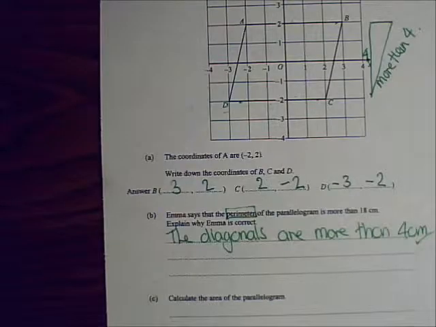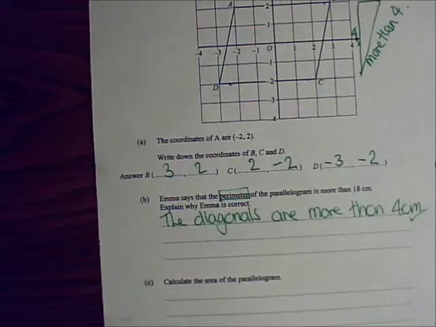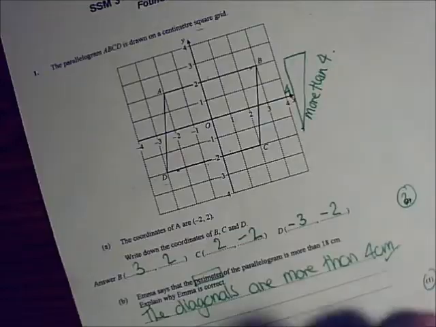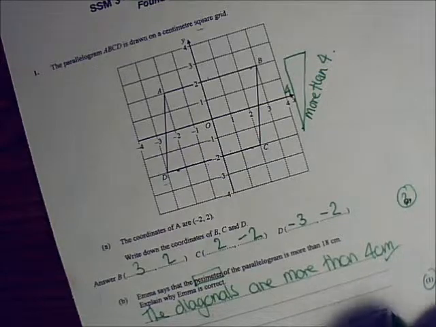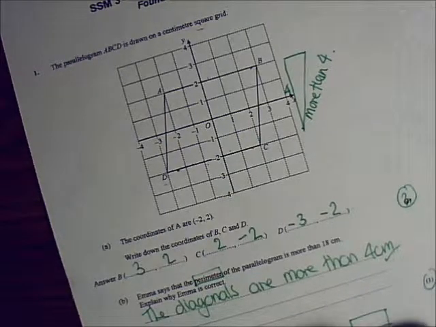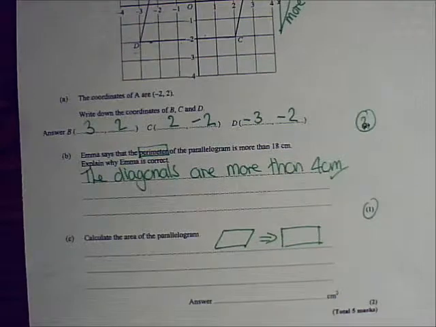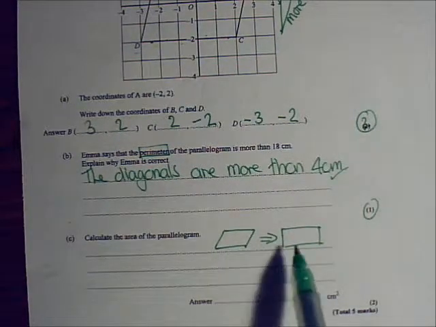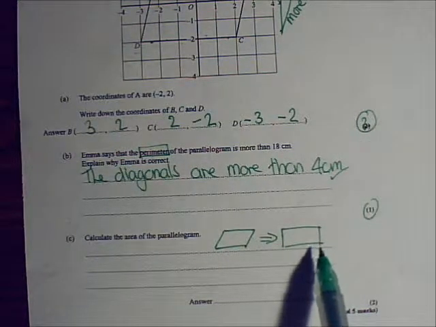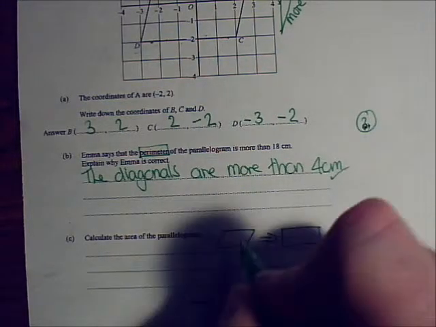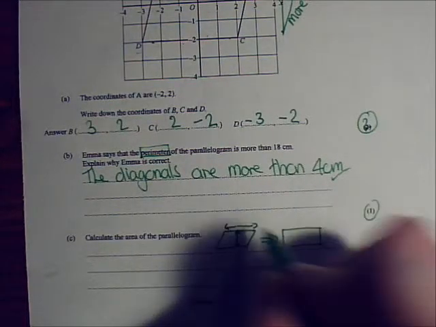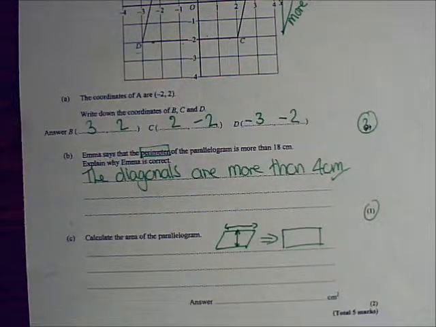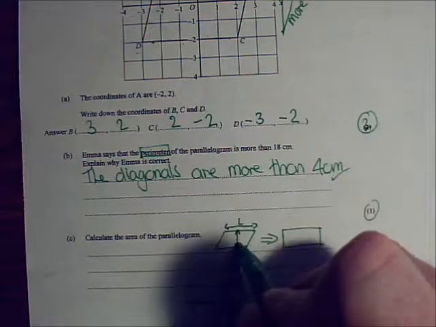And finally, how do we calculate the area of the parallelogram? Well, we know a parallelogram is effectively a pushed over rectangle. They have very similar properties, and we find the area of a parallelogram in exactly the same way as we do the area of a rectangle. So it's the length times by the width, or in this case the height.